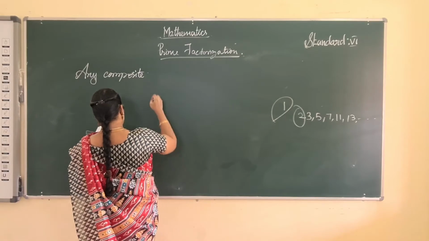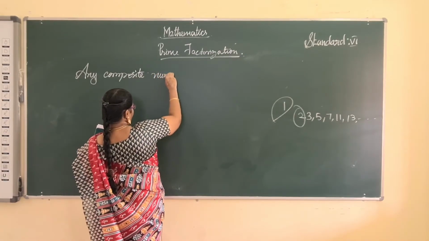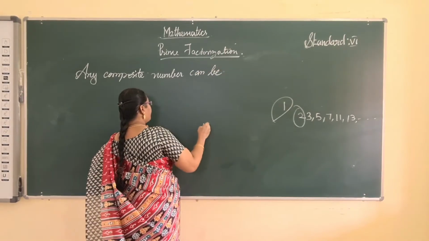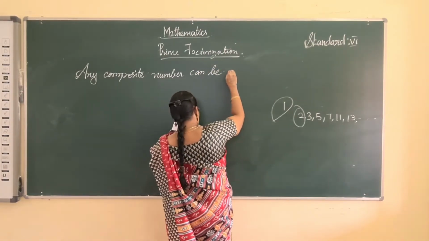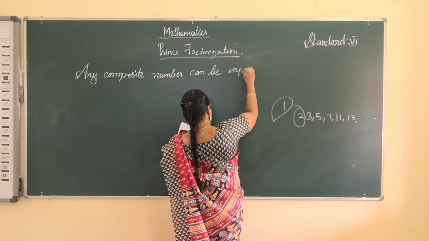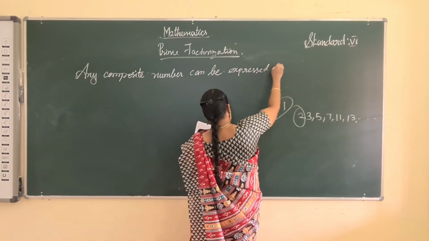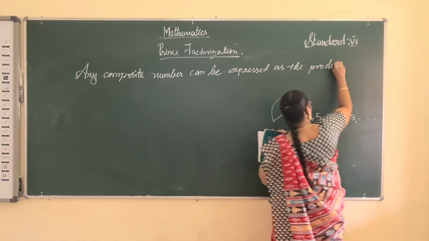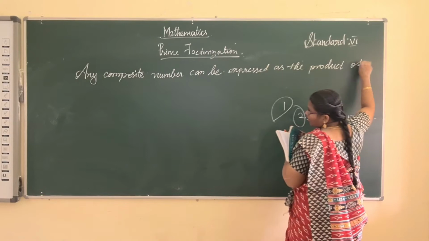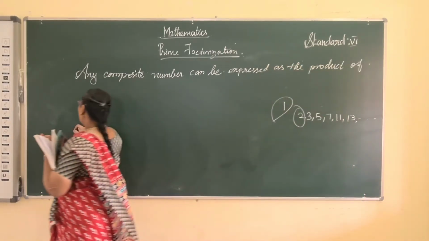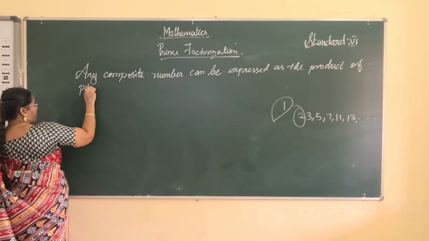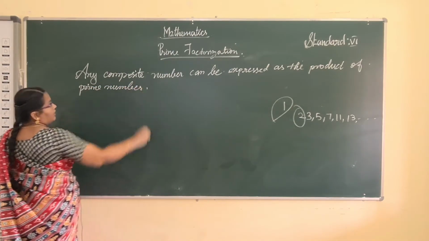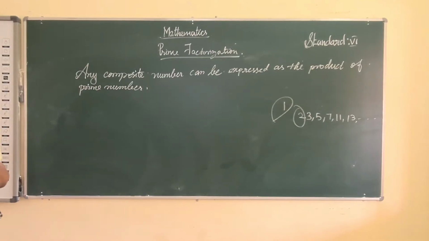Any composite number can be expressed as the product of prime numbers. That is called the prime factorization method.